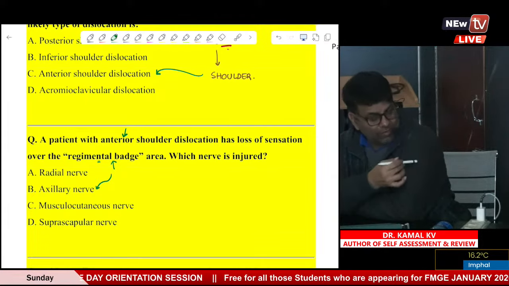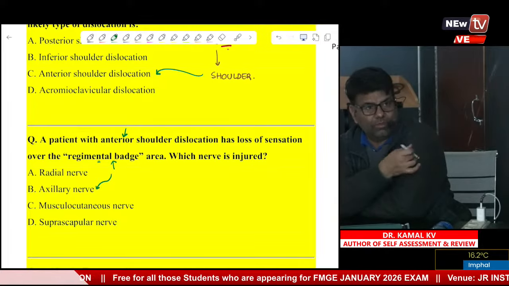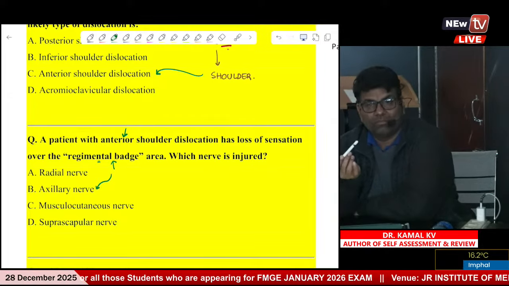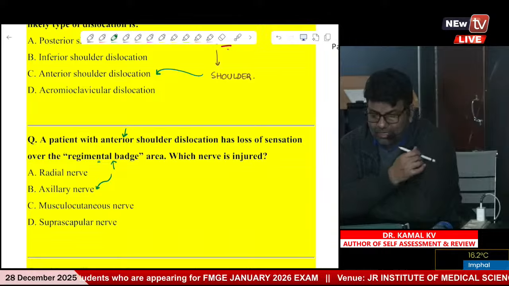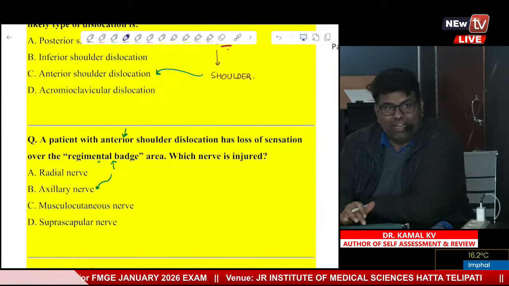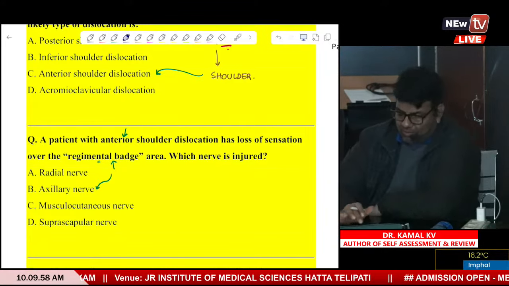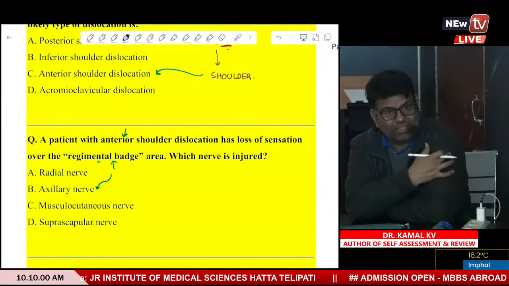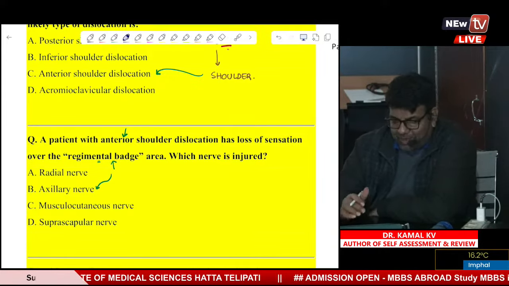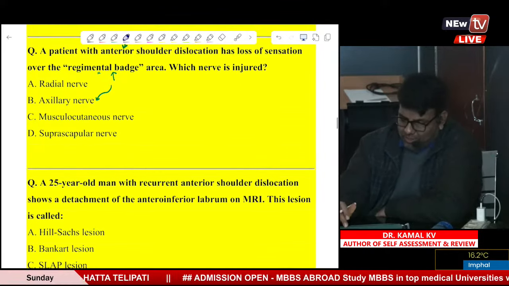So if axillary nerve is gone, in this much area, if you prick with pin, patient will not feel, because there is no nerve supply. So this is known as regimental badge sign. What is this? Regimental badge sign. So this area is supplied by axillary nerve. If axillary nerve is paralyzed, patient will have no sensations here.